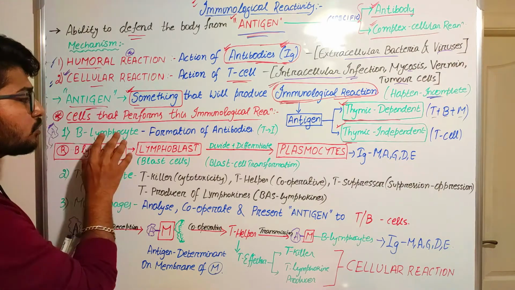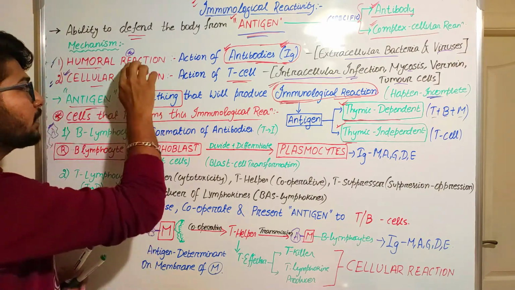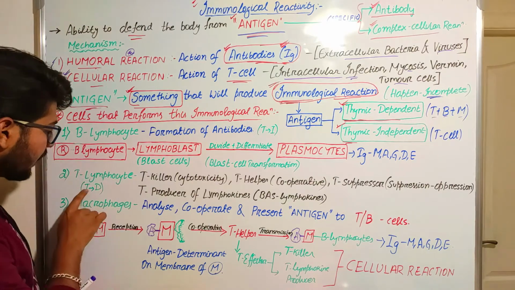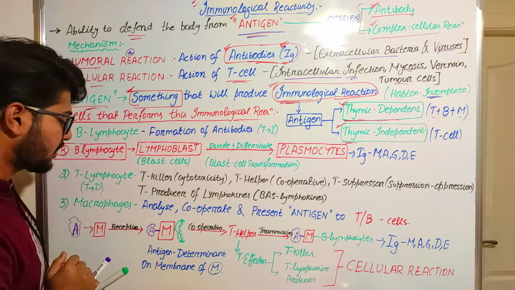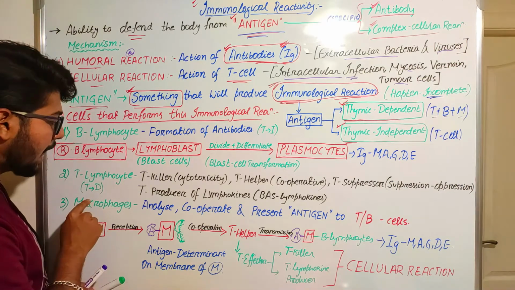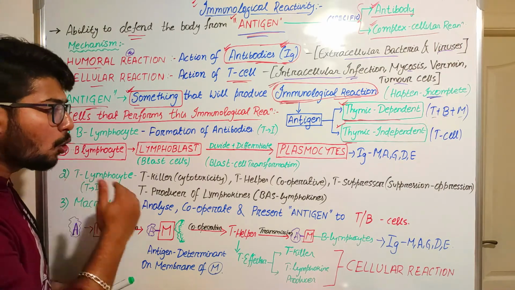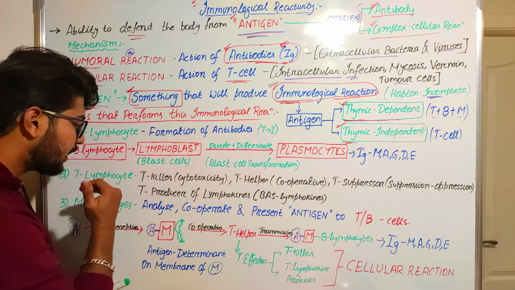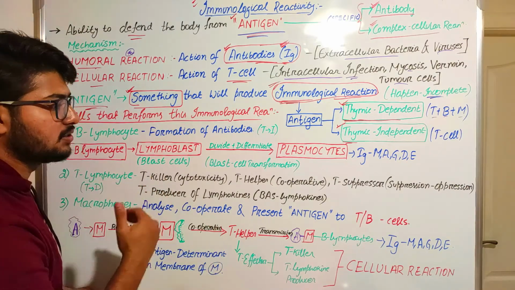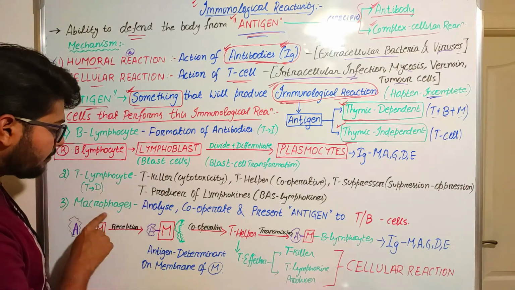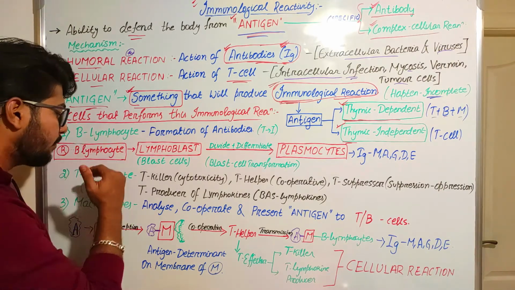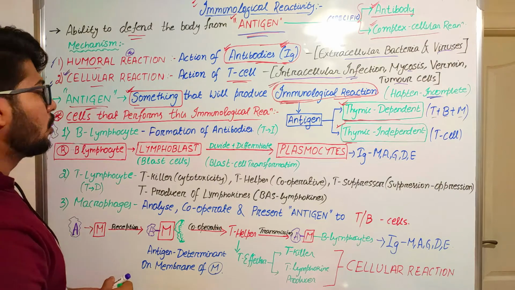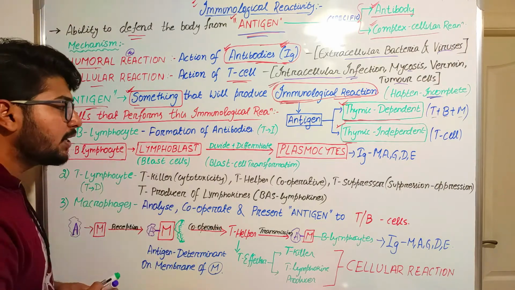The B lymphocytes are responsible for the humoral reactions, and the T lymphocytes are responsible for the cellular type of reactions, whereas the macrophages help in cooperating with the B lymphocytes and T lymphocytes in their actions. So it can be said to be an accessory cell helping the B lymphocytes and T lymphocytes.